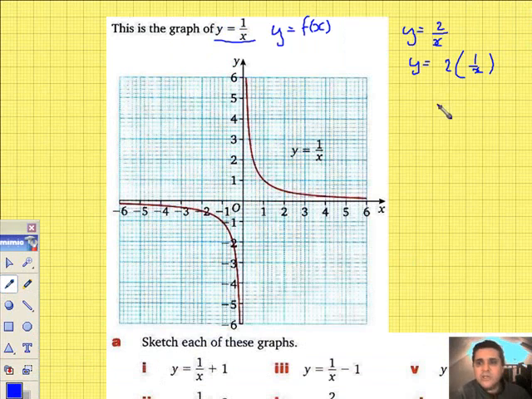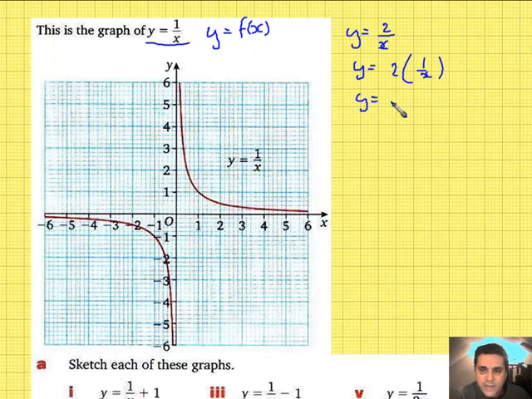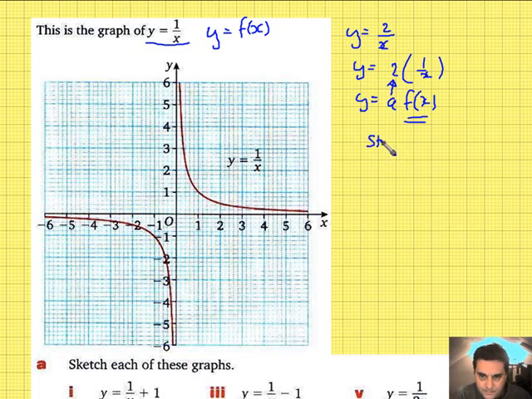Can you see that? So 2 times 1 is 2 over x. Effectively, I've got y equals a f(x). My original function is 1 over x, and essentially my a is the 2. If you recall, that means multiply the y coordinate by 2, so therefore I've got to stretch in the y direction using scale factor 2. Let me just write that first.